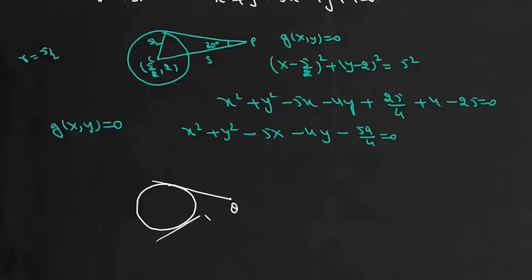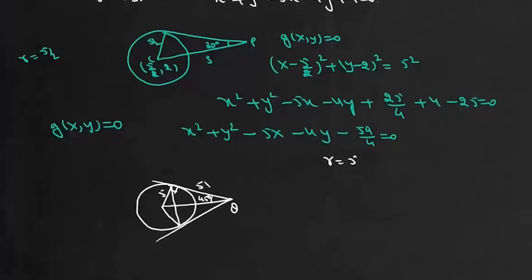So from Q, perpendicular tangents are drawn to gxy. Now the radius of gxy is 5. This angle is 45 because the entire angle is 90 degrees.